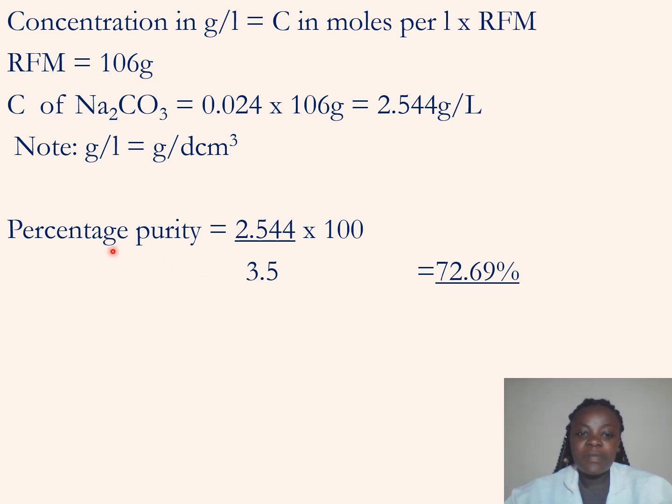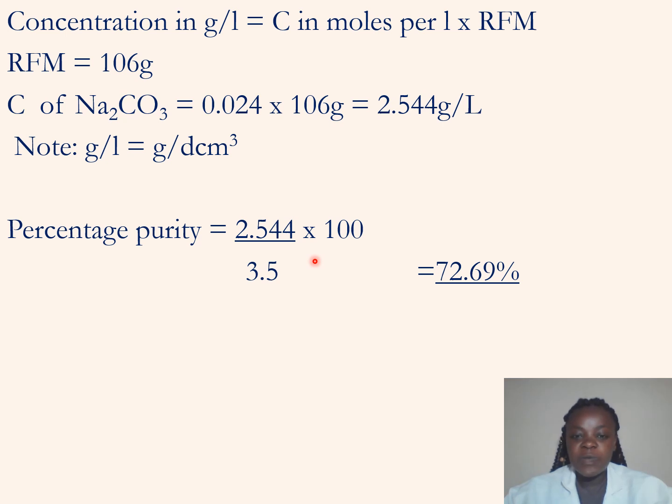So now to calculate the percentage purity, we have to take the concentration that we were using, that was 2.544 grams per liter, over the concentration of the impure sodium carbonate, which was 3.5 grams per decimeter cubed.